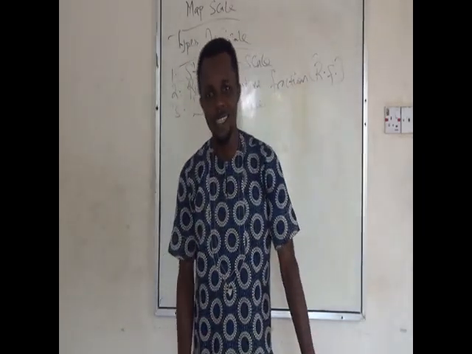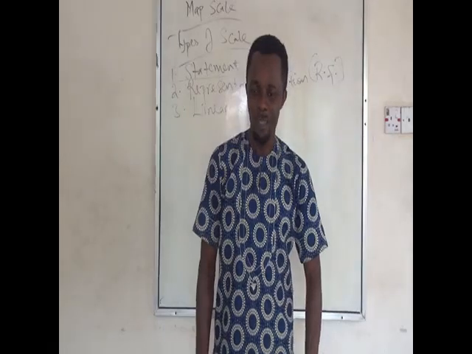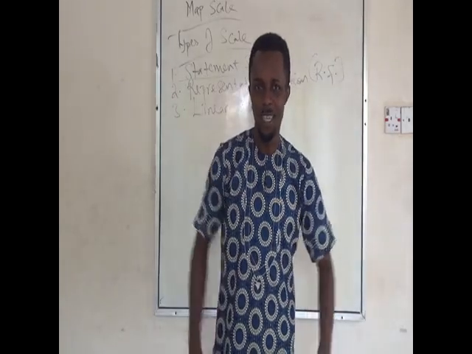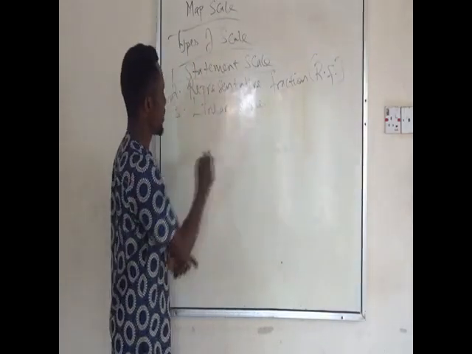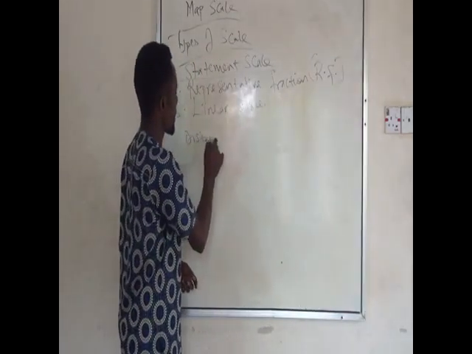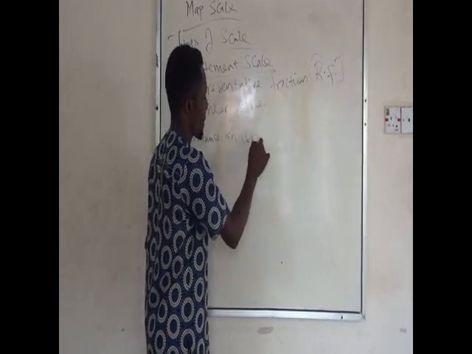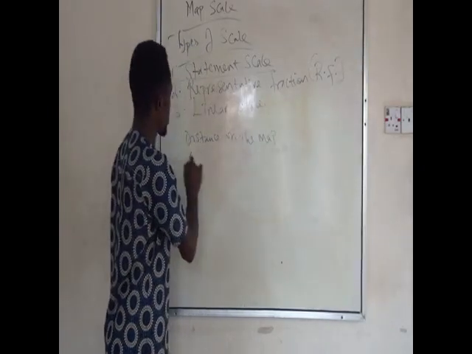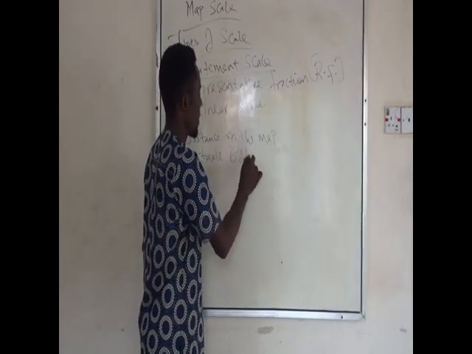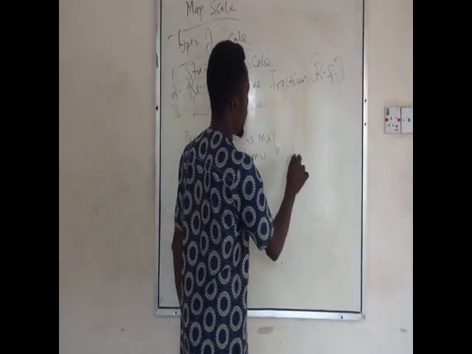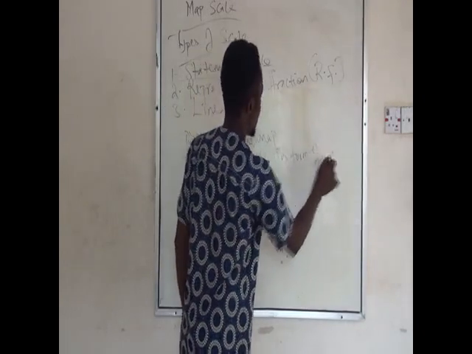I'm sure we know what a statement is. Okay, so what is statement scale? A statement scale expresses the relationship between a given distance on the map and the actual distance in form of a statement.